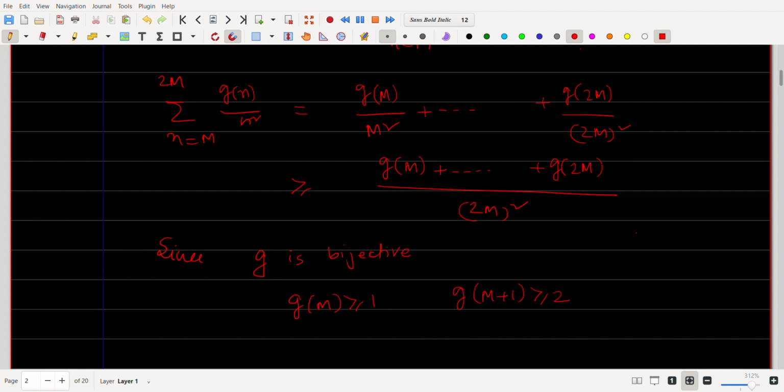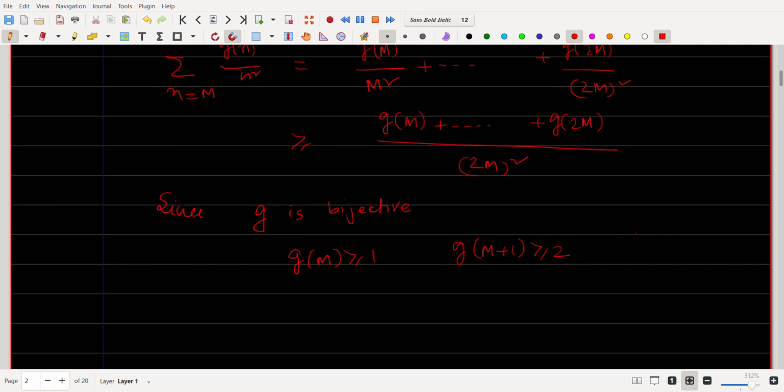Say G of capital M is 1, then G of capital M plus 1 must be 2, right? Otherwise, if G of capital M is 2, then G of capital M plus 1 becomes 1. So basically I want to say that you have M plus 1 up to 2M. So there are M choices, right?